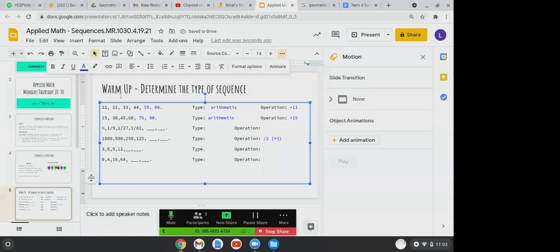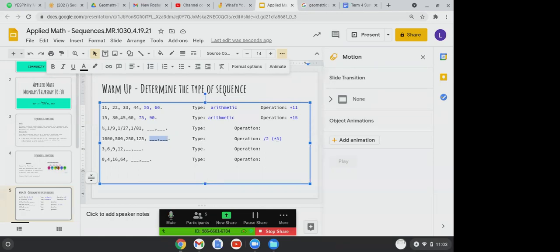Okay, so let's go back. Let's divide by 2 then. What is 125 divided by 2? No, don't multiply it by 2. Divide it by 2. You're going the other way.